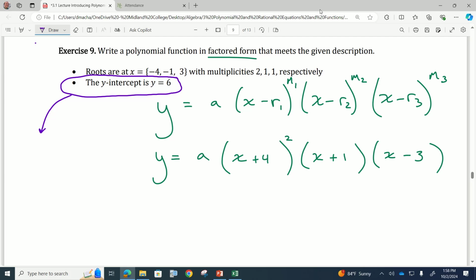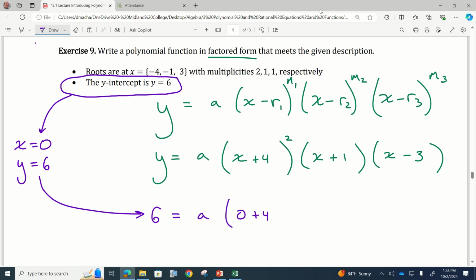But at the y-intercept, x is equal to 0. Yeah, the y-intercept means x is equal to 0. And in this case, y is equal to 6. So using this information, I'm going to rewrite my function, but I'm going to replace y with 6, and I'm going to replace x with 0.